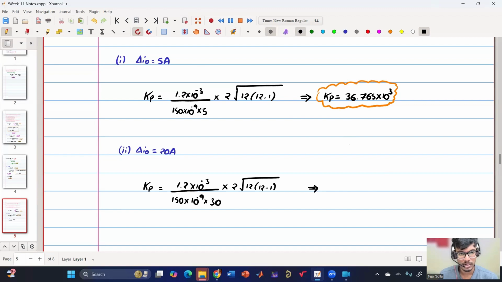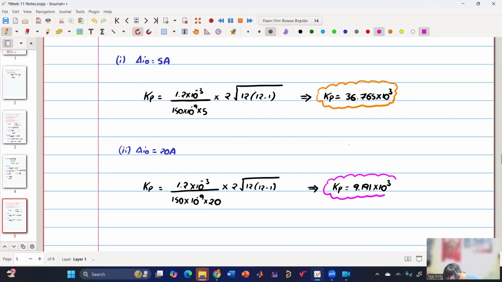Am I making any mistake? Oh, sorry, this is 20 amperes, right? Not 30. So my bad. So it is coming 9.191 into 10 to the power 3. So your answer is correct. Yeah, so this is what we are getting, 9.191 into 10 to the power 3.